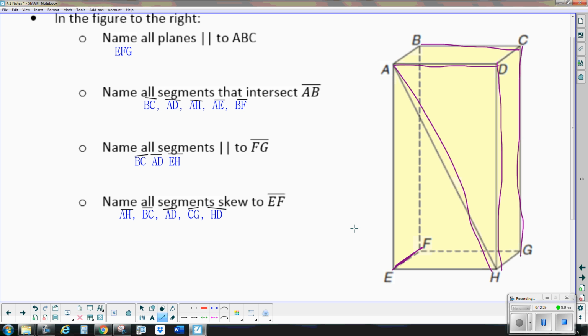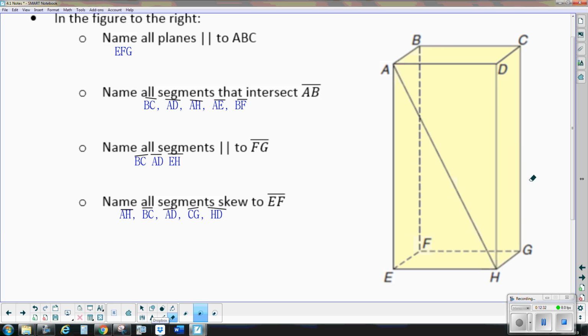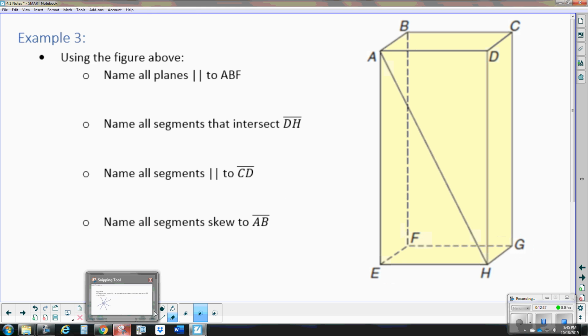Those lines are all skew. Using the same diagram, try naming some on your own. Pause the video while you work, and you can unpause for the solution.